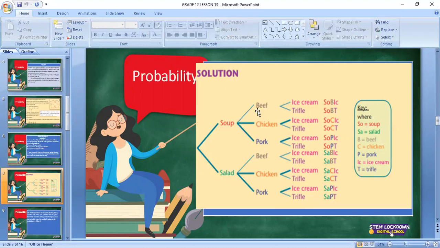With soup, they can have beef, chicken, or pork. And assuming they have salad, they can have salad with beef, chicken, and pork. Okay, so now for the dessert, say they have soup and beef. With the dessert, they can have either ice cream or truffle.